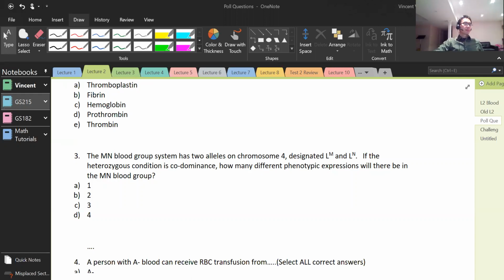All right. So the most popular answer is D, followed by A, and then C. Anybody want to explain how they got their choice? Just so I know what are some of the thought processes that are going on.